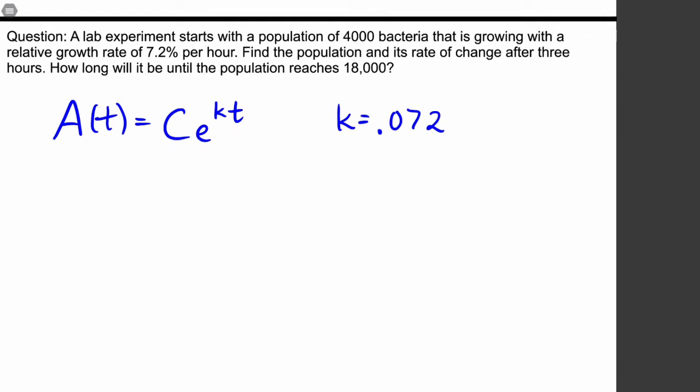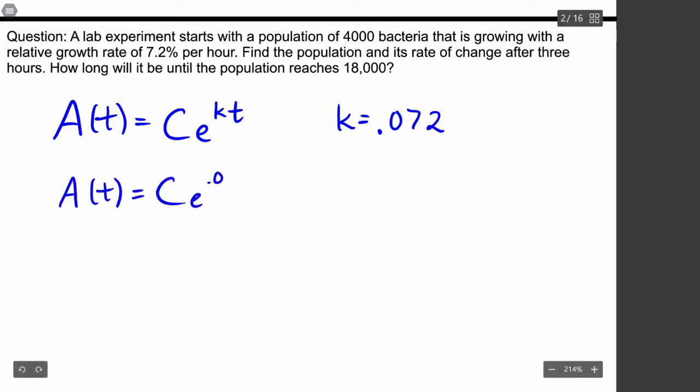Now, how about this C, though? How do we deal with C? Well, let's plug in this k and see how it works out. A(t) will be C e^(0.072t).